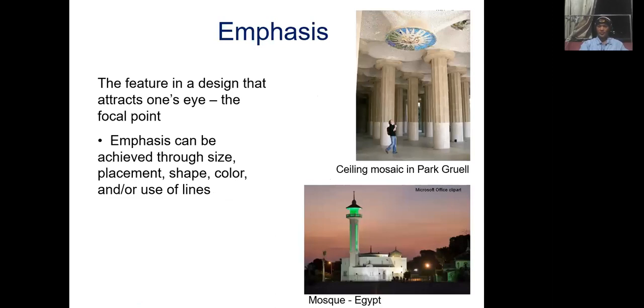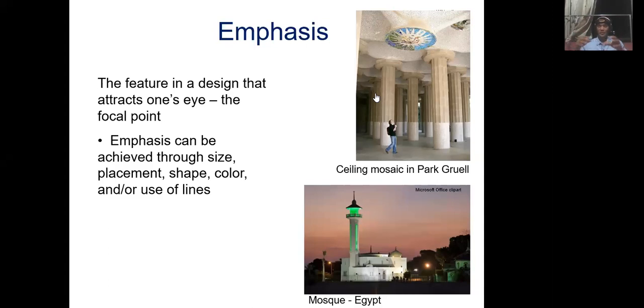The next one is emphasis. Okay, the feature in a design that attracts one's eye, or the focal point. So emphasis can be achieved through size. For example, among smaller circles, you put in a big circle in the middle, so the big circle will get the emphasis.